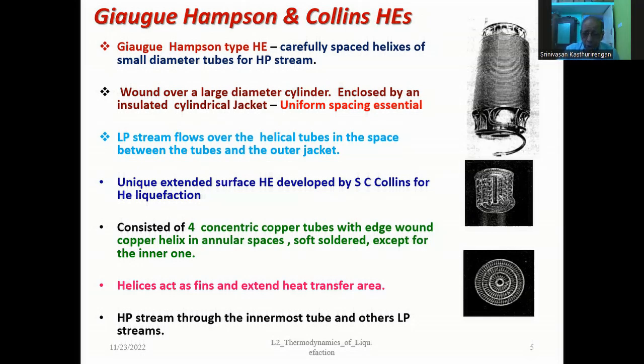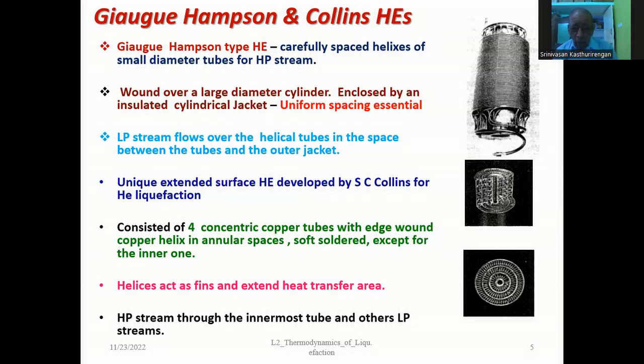So you can see in the picture, there is an innermost tube, and then surrounding that there are multiple tubes, one over the other, and the number of tubes surrounding can be sufficiently large. And this is a cutaway section, as you can see here, and this is the top view of this whole system. The innermost tube carries the high pressure, whereas the other annular spaces between the tubes carry the low pressure gas.